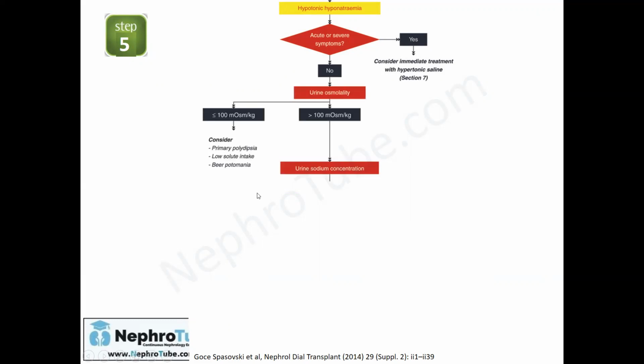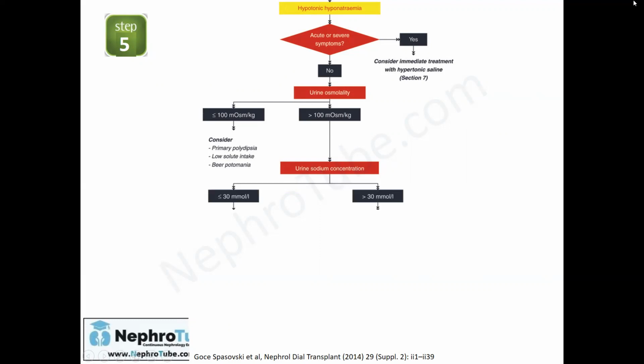If urine osmolality is less than or equal to 100 milliosmol per kilogram, we consider etiologies of high water intake or low solute intake, which make the urine diluted, as in primary polydipsia, low solute intake, or beer potomania. If the urine osmolality is more than 100 milliosmol per kilogram, we have to measure urine sodium concentration.